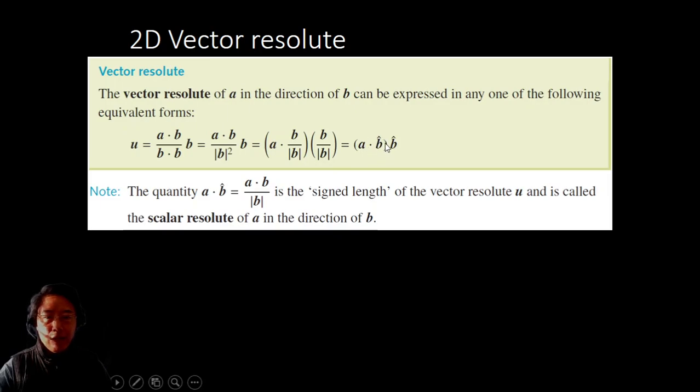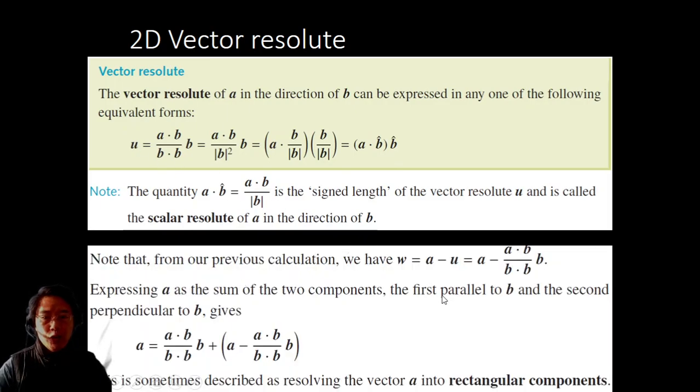Again, this is a scalar amount, and that's what we call the scalar resolute. So that is another expression which is useful when you know the coordinates, but be mindful it can be written that if you have your unit vectors first. So there's two ways you can do that. It's really depending on the question, or with experience you will choose either this expression or the other one.